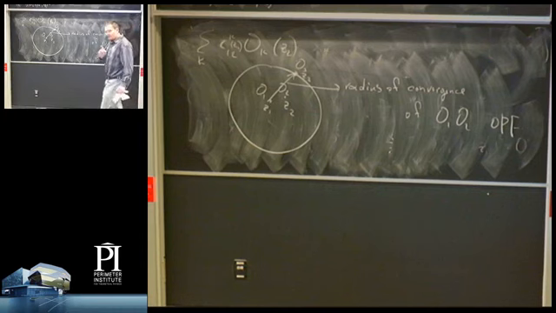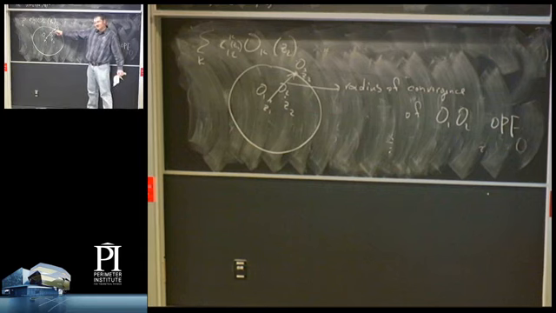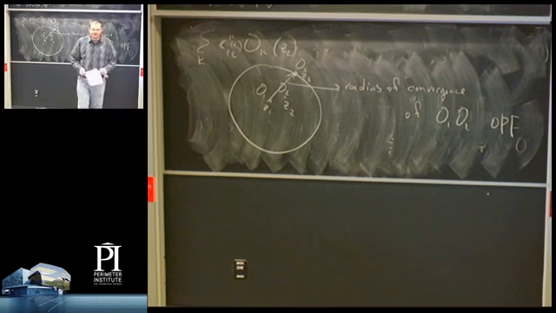I have to say one more thing: of course, this insertion will depend on what state you're preparing. So when you compute some specific correlation function, you always have to care that the state does not produce a singularity which you didn't account for.